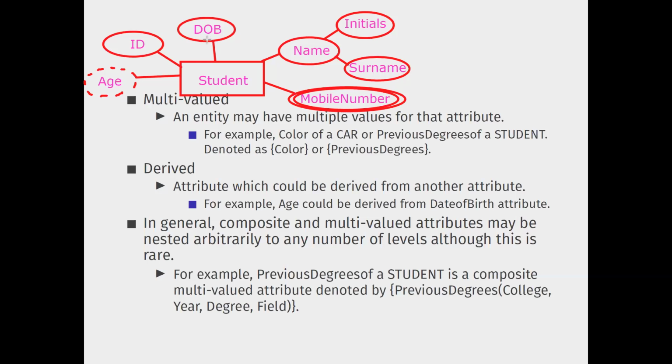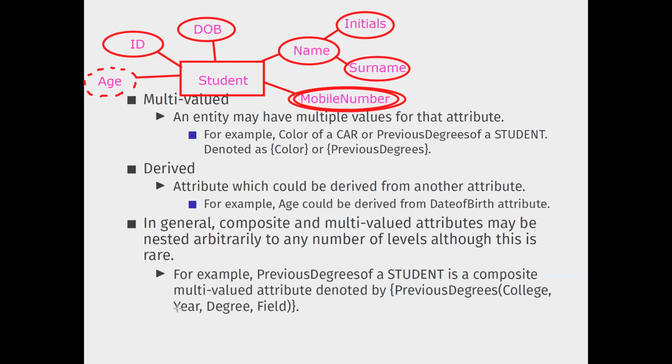Right. Last part, sometimes you can have a composite multi-valued attribute. What do you mean by composite and multi-valued? That means if you take a particular attribute, you can have several components, and at the same time, you can have multiple of them. For example, think about the number of degrees a particular student can have. A degree can be obtained from a particular college or university.